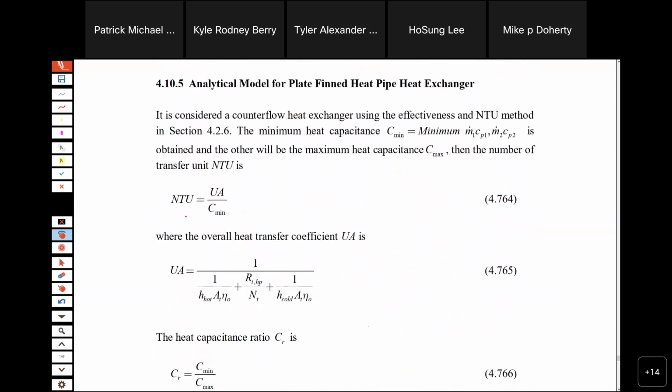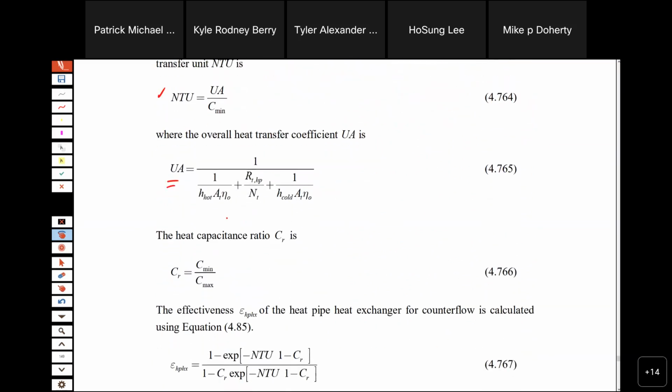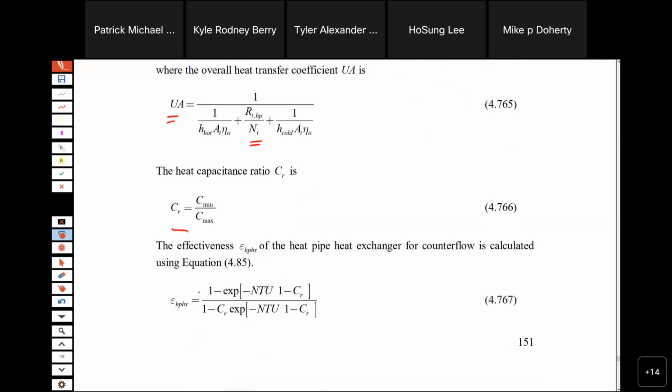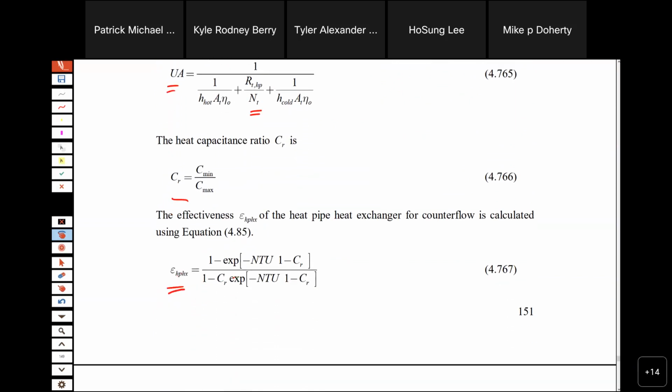Now we use counter flow, not cross flow, with NTU and the C ratio, and the UA exactly. Actually, total heat pipe divided by number of tubes turns out a little. So I showed it, and then with C ratio and NTU, you can calculate the effectiveness. Very interesting.